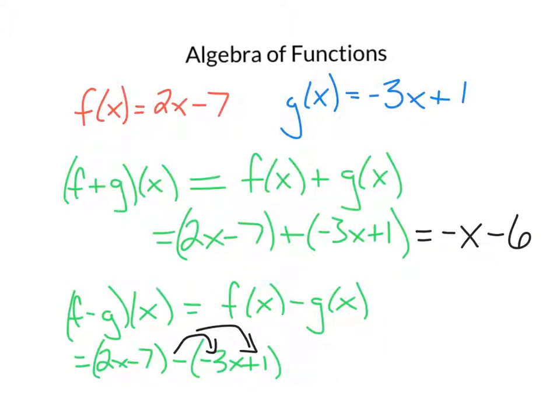So really this is the same as 2x minus 7 plus 3x minus 1. And so f of x minus g of x, or f minus g of x, is simply 5x minus 8.